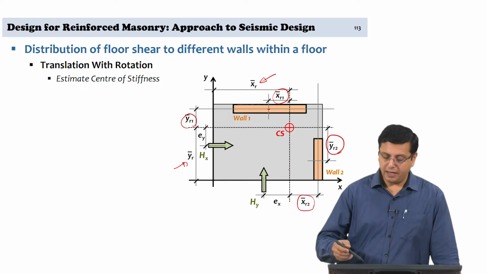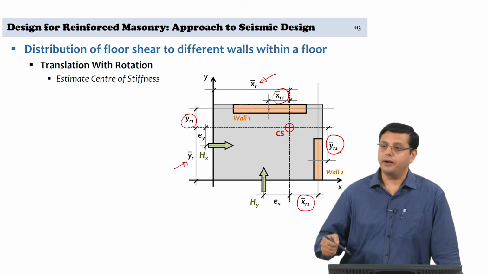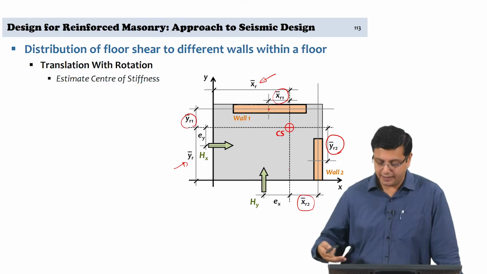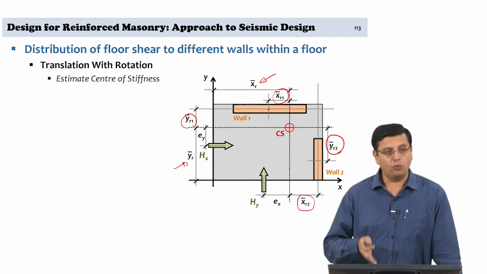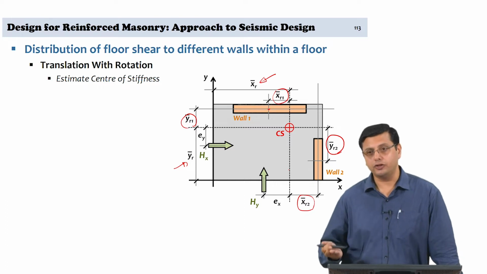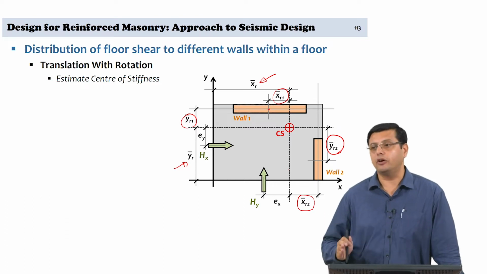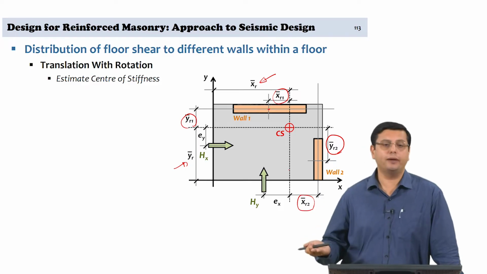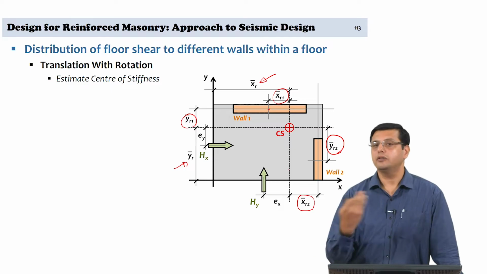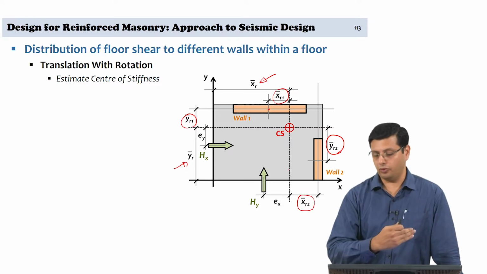So, that is the overall geometry with which we are working. We should then be able to estimate the stiffnesses of wall 1 and wall 2 in the respective directions. If the earthquake force is acting in the x direction, my consideration is that wall 1 is the only resisting element. I am not going to consider the resistance offered by wall 2 in the out of plane direction. I assume that the resisting element is wall 1, which is subjected to in plane forces.